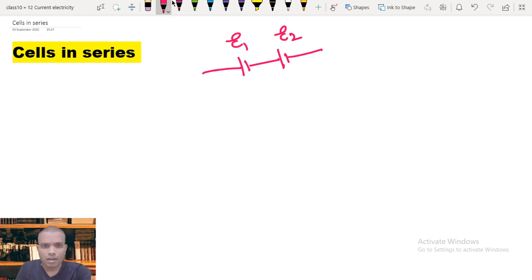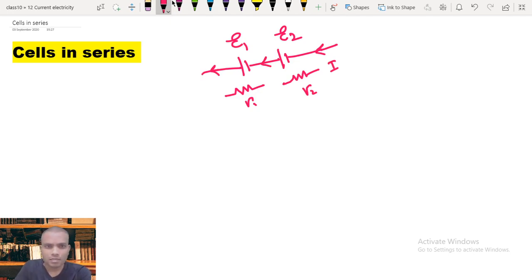Here I would like to represent the internal resistance separately, not in the circuit, because that causes confusion. Suppose this cell has internal resistance R1 and this cell has internal resistance R2.